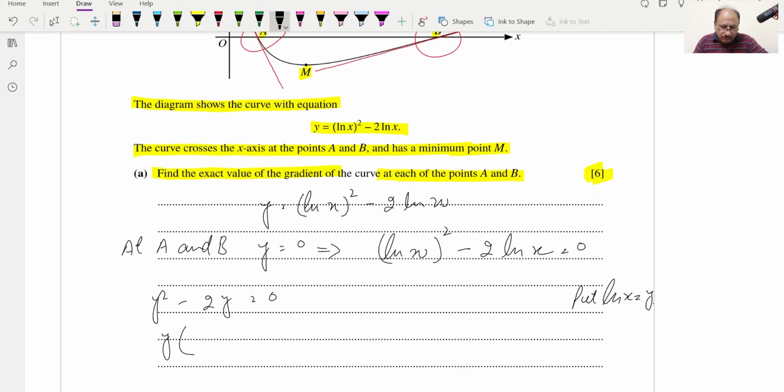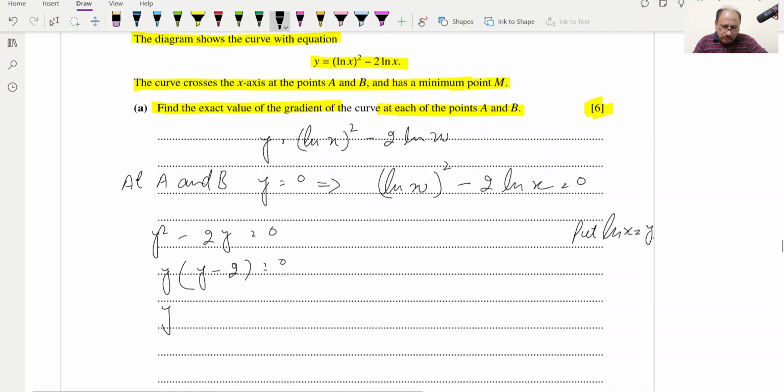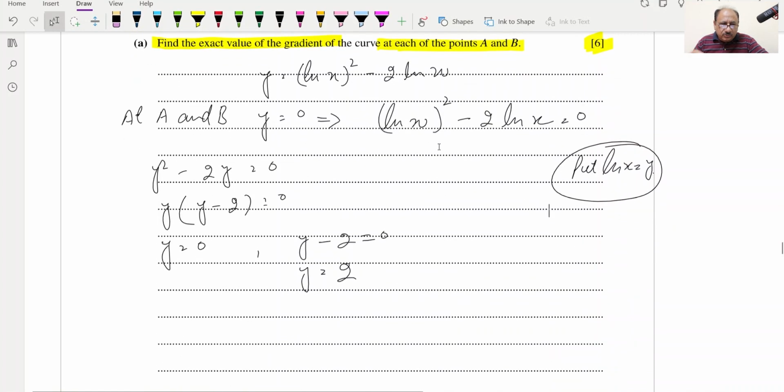We can take y common, so it will be y(y minus 2) is equal to 0, and we will get two equations: y is equal to 0 and y minus 2 is equal to 0, which means y is equal to 2.